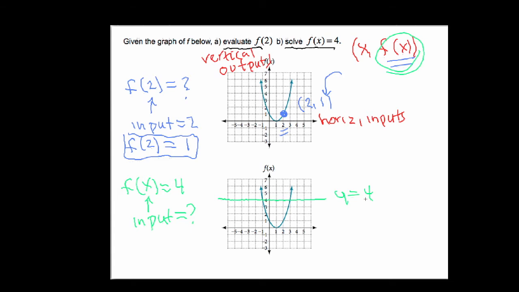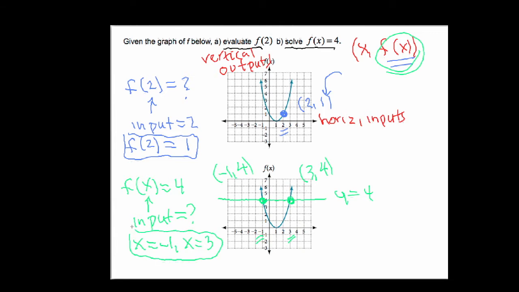The easiest way is to draw a horizontal line at y equals 4. I notice that I have 2 points whose y coordinates are 4: one point is (negative 1, 4), and the other point is (3, 4). I'm looking for the x values when y is 4. The two x values are negative 1 and also 3.